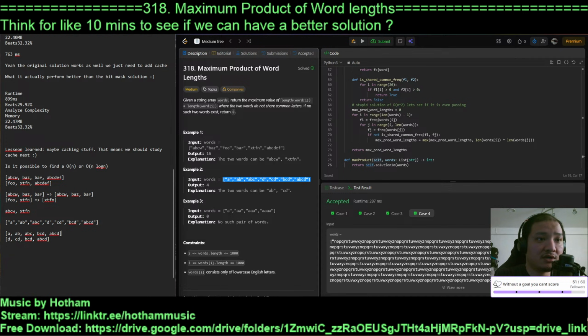After we get rid of the common between them, it will become A, AB, ABC, right?